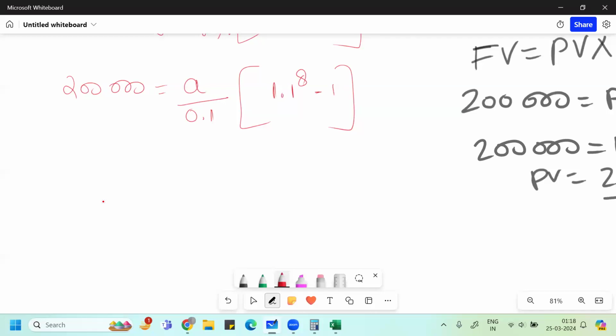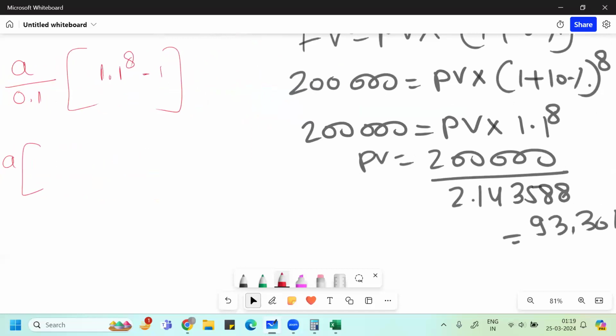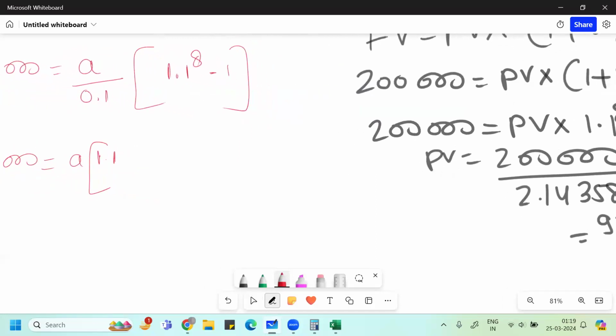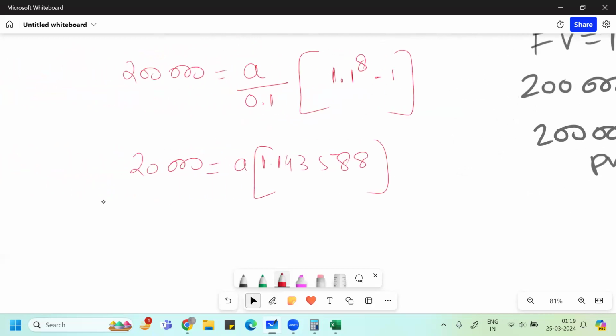If I bring this side, it will become 20,000 is equal to A into 2.143588 minus 1, which is 1.143588. So your annuity would be 20,000 divided by 1.143588.